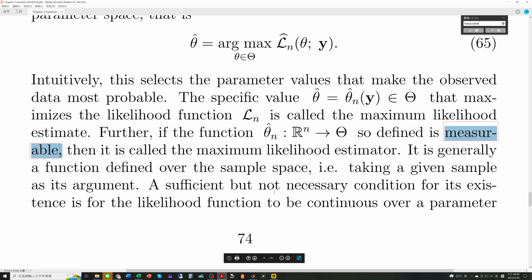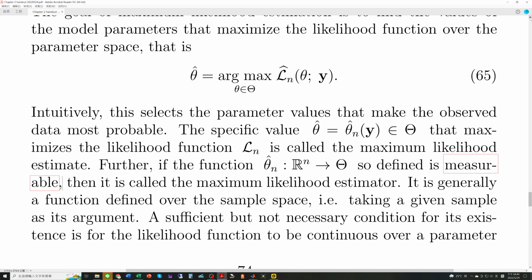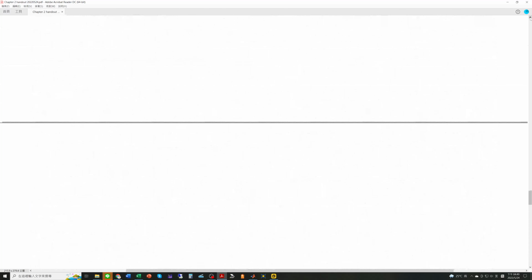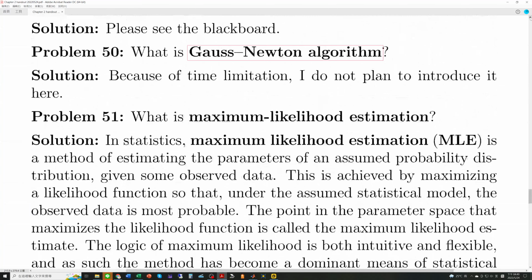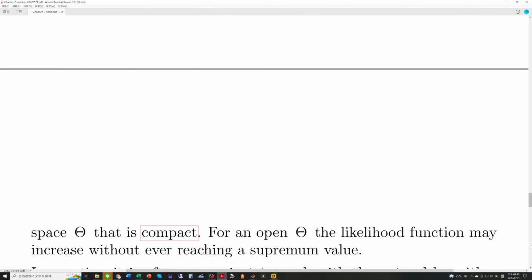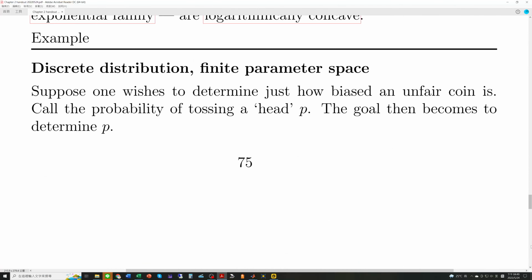So in here it is the first appearance of the word measurable. And this is the solution to problem 51. What is maximum likelihood estimation? So let us see what is measurable.